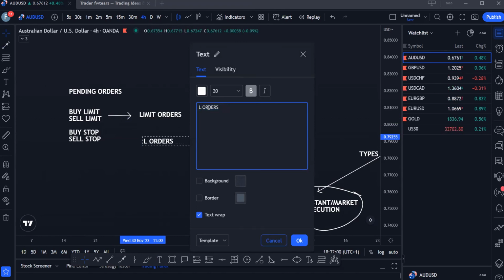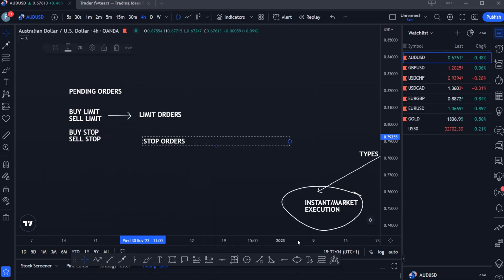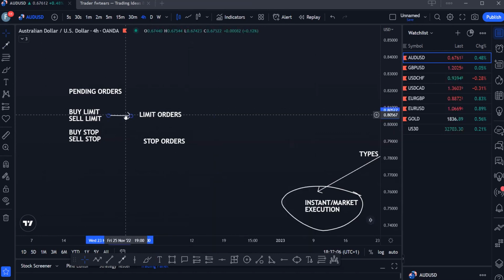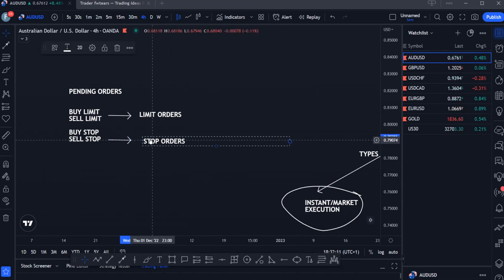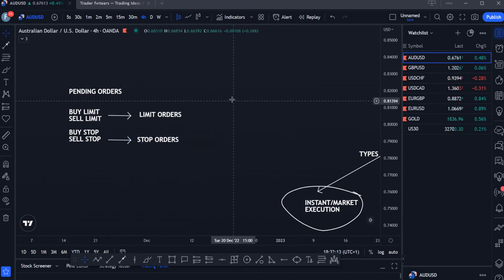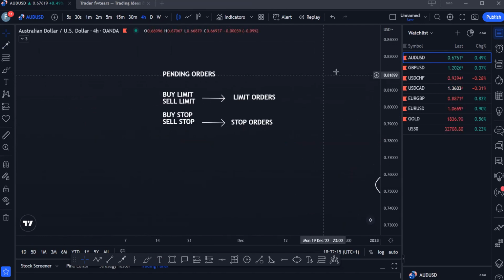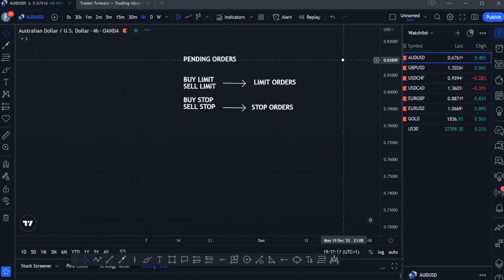I'm going to explain the scenarios in which you use both types of orders right now. This is the easiest way that I learned it without having to cram how to use pending orders, and I think that when you understand it this way, you know exactly how to apply it.